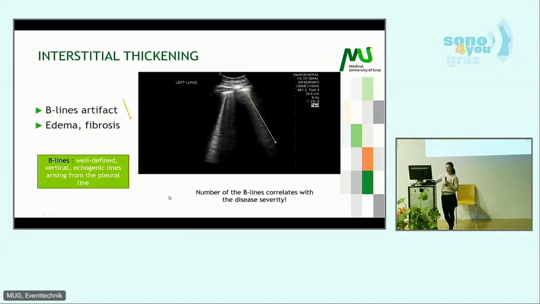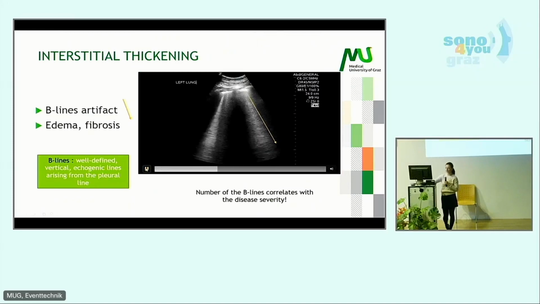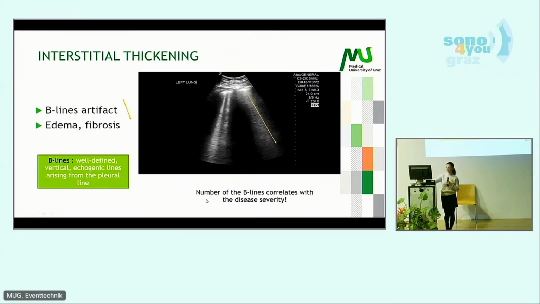Second thing, interstitial thickening. It is characterized by B lines. So there are well-defined vertical echogenic lines arising from the pleural line. It is important to note that the number of B lines correlates with the disease severity.